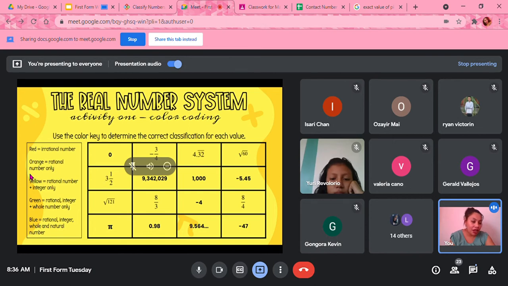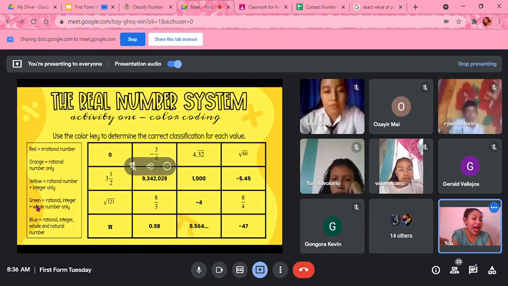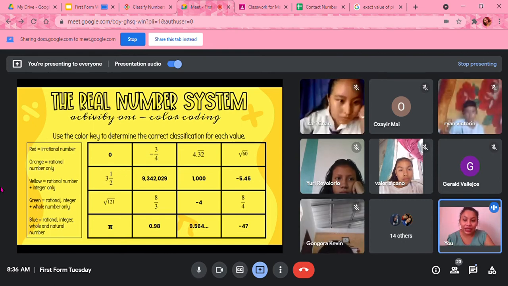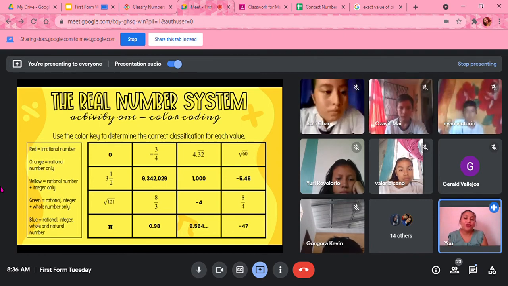I'm going to color orange the rational numbers only. Yellow, the numbers that are rational and are integers. Green, the numbers that are rational, integers, and the whole numbers. And I'm gonna color blue the ones that are rational, integers, whole numbers, and natural numbers.